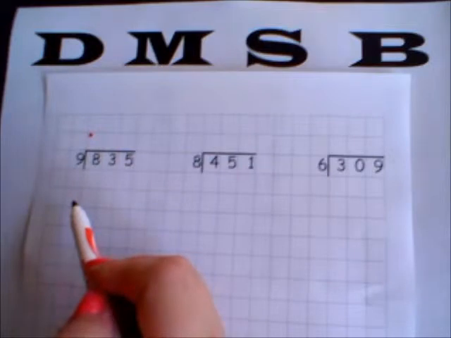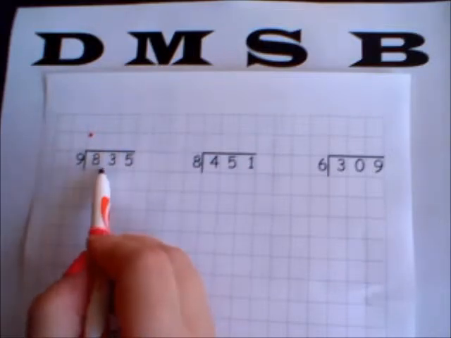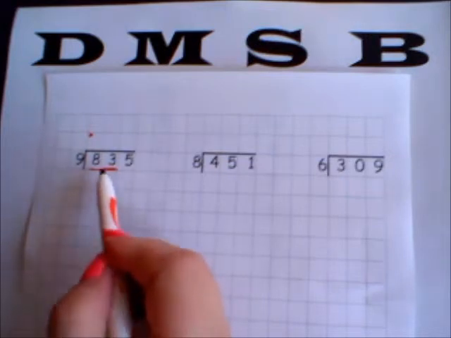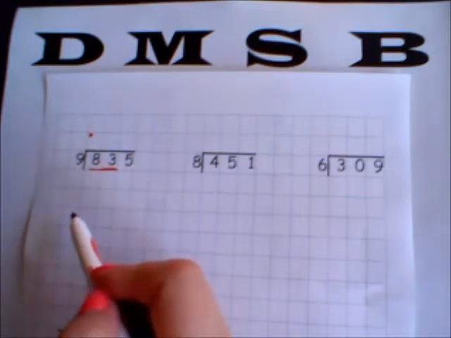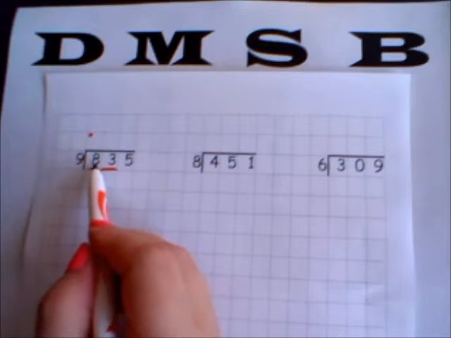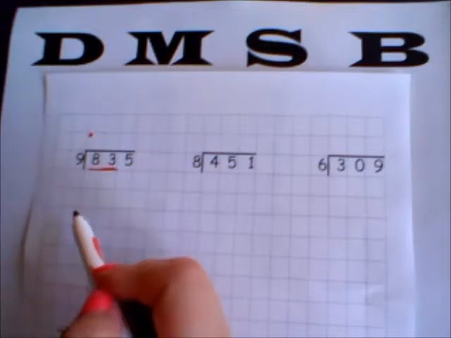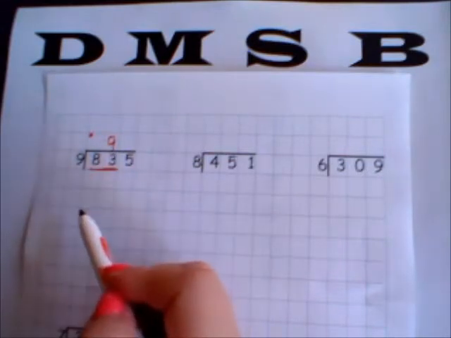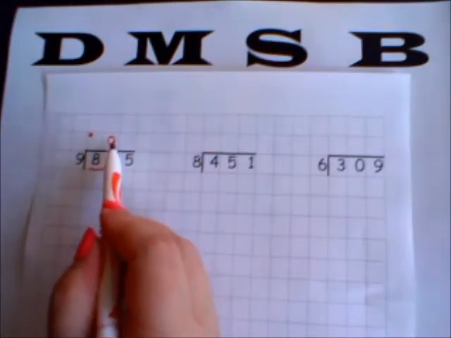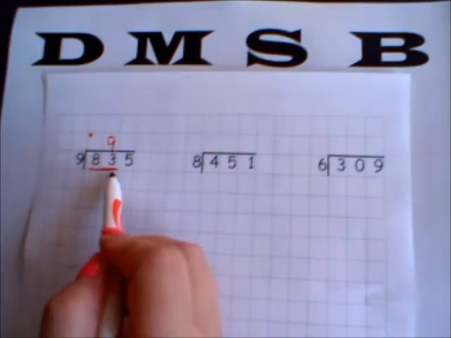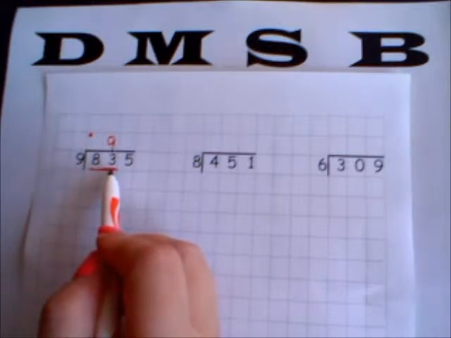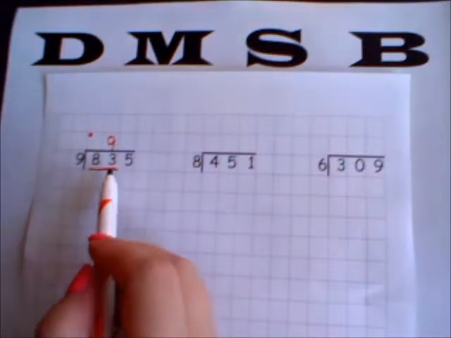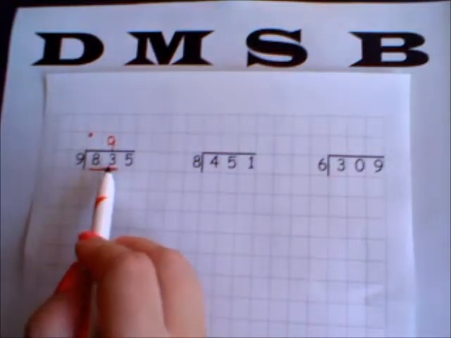There's a 0, all right? So we're going to look at the next digit. So now we're looking at 83. 9 can go into 83 how many times? 9 times. Again, we have to put our answer over the 3 because the 3 is the farthest digit on the right in the number we're dividing into, okay?